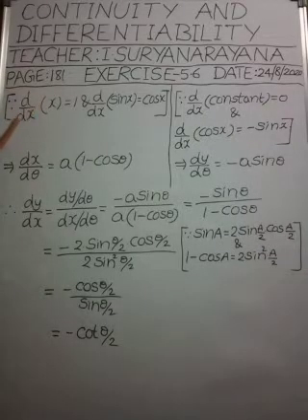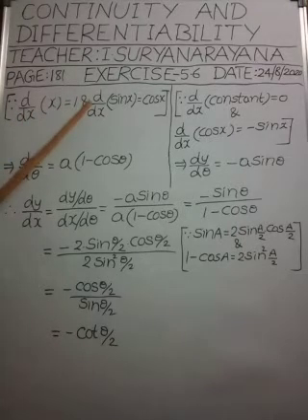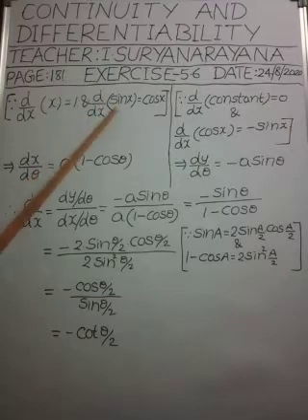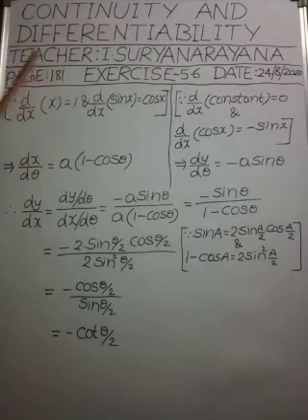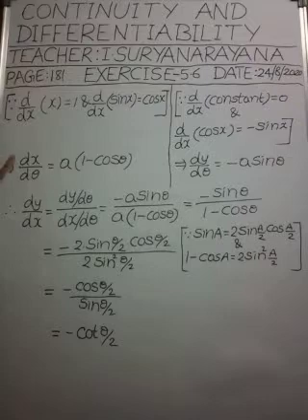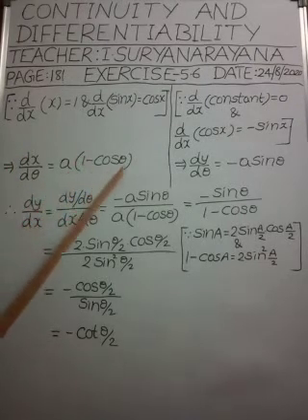So I wrote here the formulas, because d by dx of x is equal to 1 and d by dx of sin x is equal to cos x. By using these two formulae, we wrote the step. Understood that step, my children? Right. This implies dx by d theta is equal to a into 1 minus cos theta.